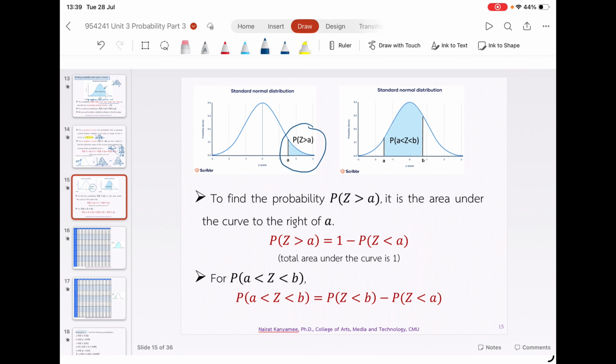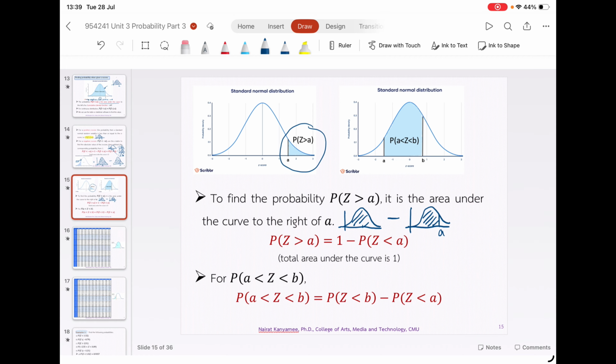At the right tail, it's going to be 1 minus P of z less than a, which looks like this. 1 is the whole thing minus the curve like this. See? So the whole thing minus P of z less than a will give you the tail area, right? The area at the tail.